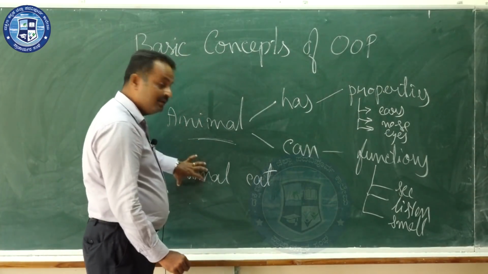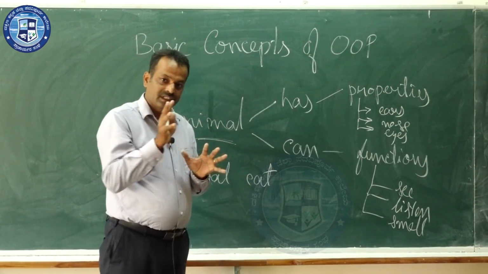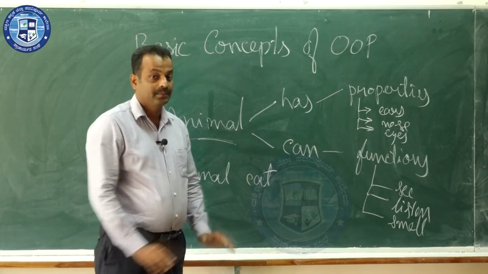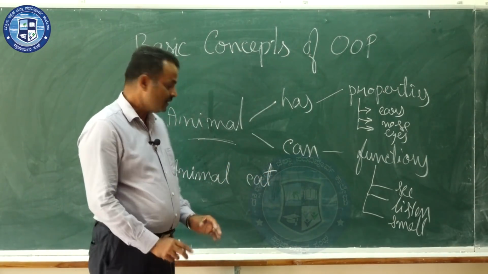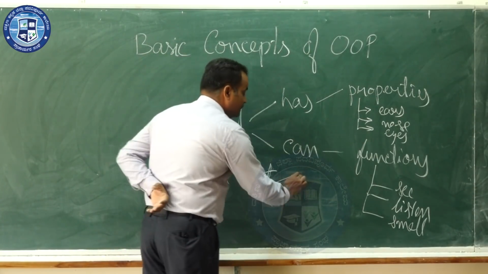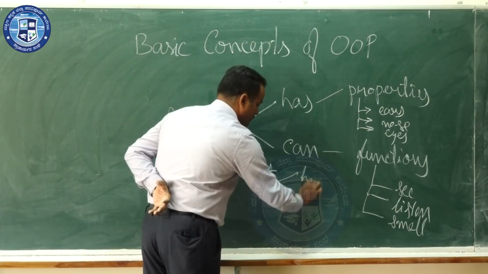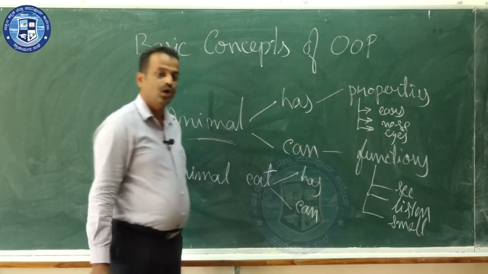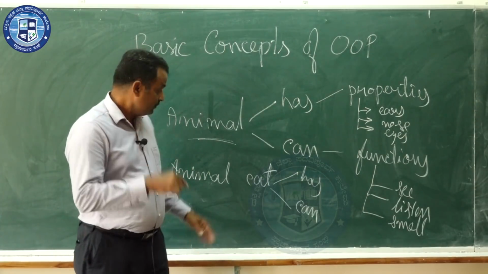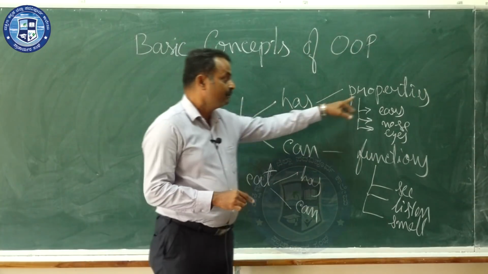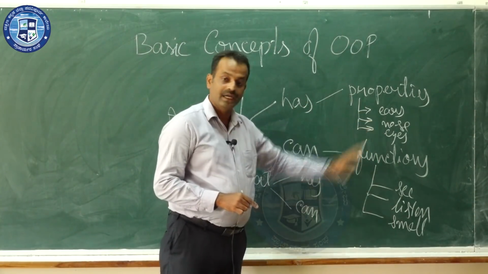Now from an imaginary concept, I am creating one entity, one object, and that object has certain properties, and that object can perform some operations. The definition says animal has properties like ears, nose, eyes.